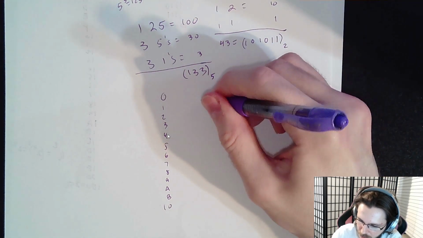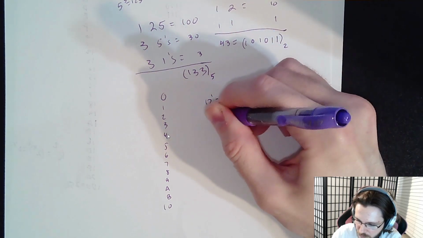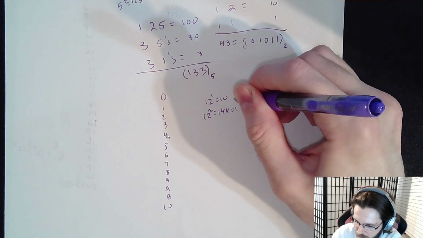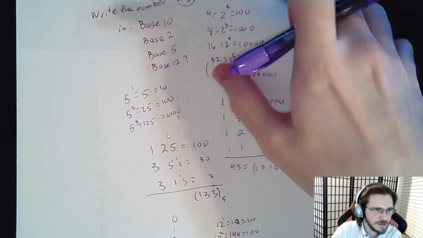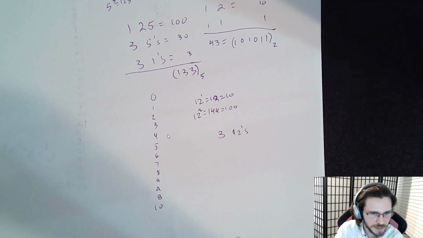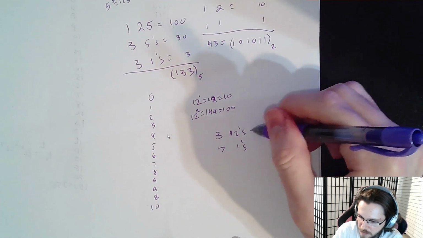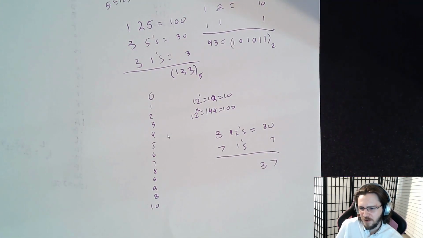So 12 is equal to 10, and then 12 squared, that's 144, which is our 100. So we get up to 43. How many 12s are going to be in 43? Well, there are going to be three 12s because it goes up to 36 that way, and then 7 1s. So that's going to be simply 30 and 7. 37 is how you write 43 in base 12.